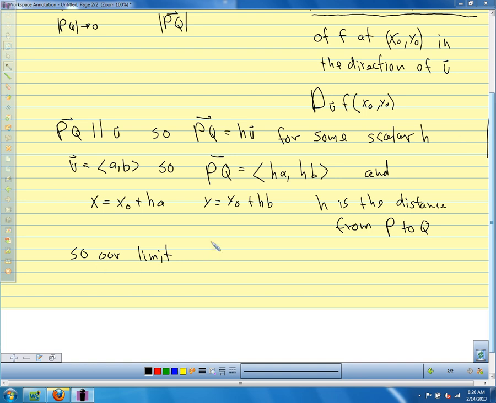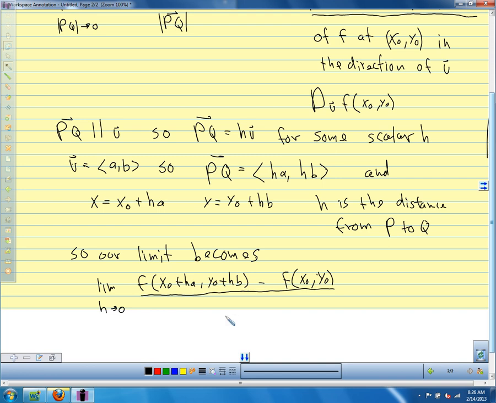So our directional derivative is the limit as h approaches 0 of f of x0 plus ha, y0 plus hb, minus f of x0, y0, over h.